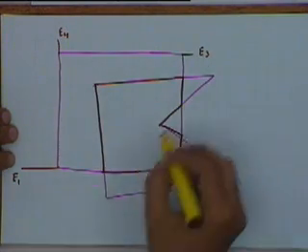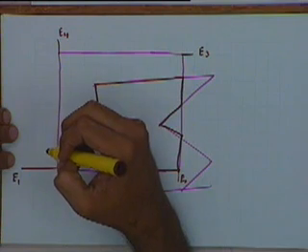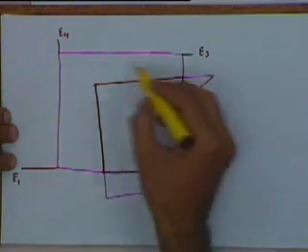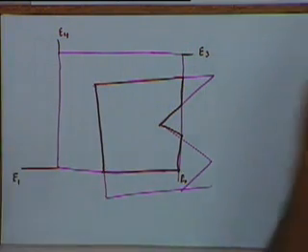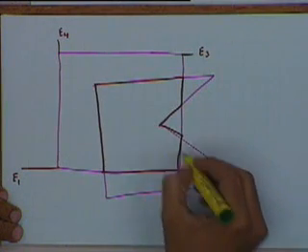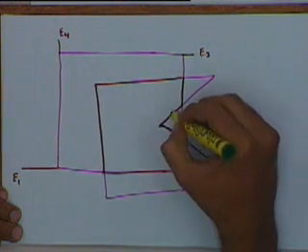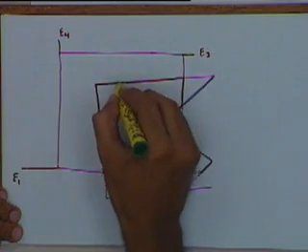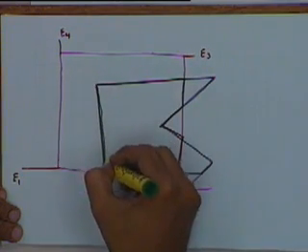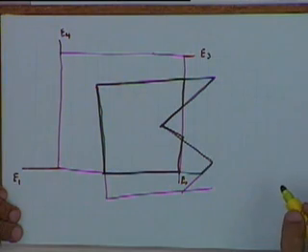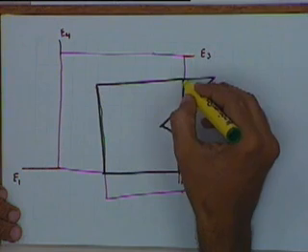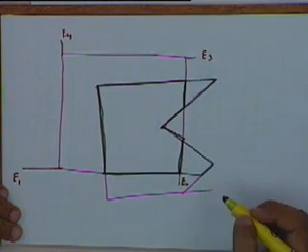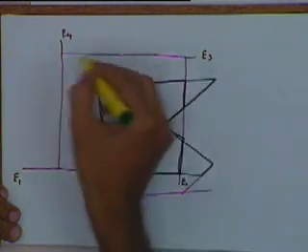We clip it with respect to each of these 4 edges separately. When we clip it with respect to the first edge E1, we will get a polygon which would look like this. Then we will clip it with respect to the edge E2 and this will be clipped onto this portion, and then we will clip with respect to edges E3 and E4.